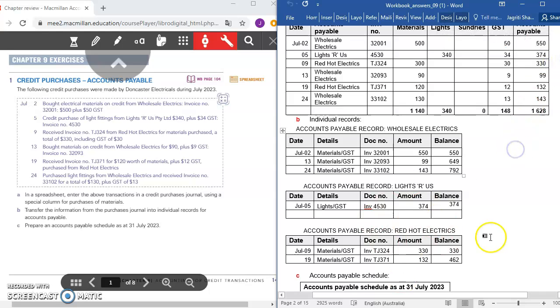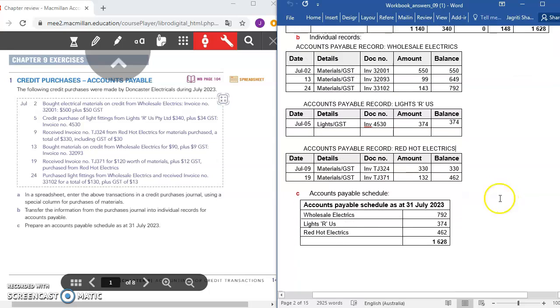Then balance is $330. Second entry was Red Hot Electrics again, 19th of July, TJ371, and $132. $132 comes here, and then 330 plus 132 is $462. So this means that this is the amount we need to pay to Red Hot Electrics.